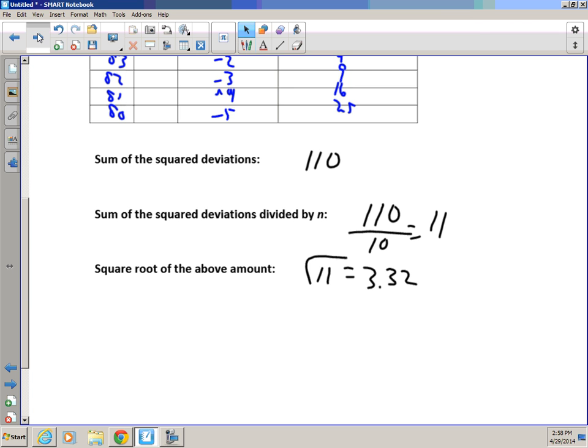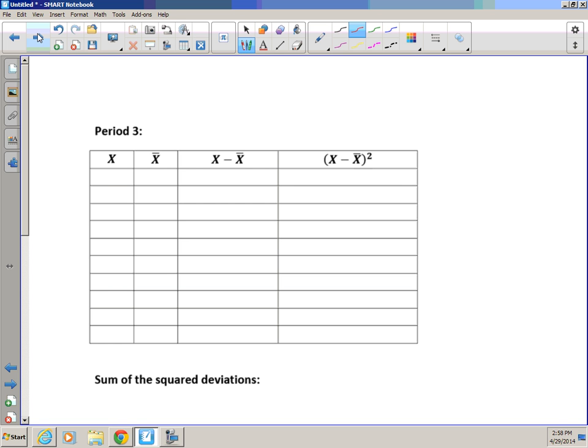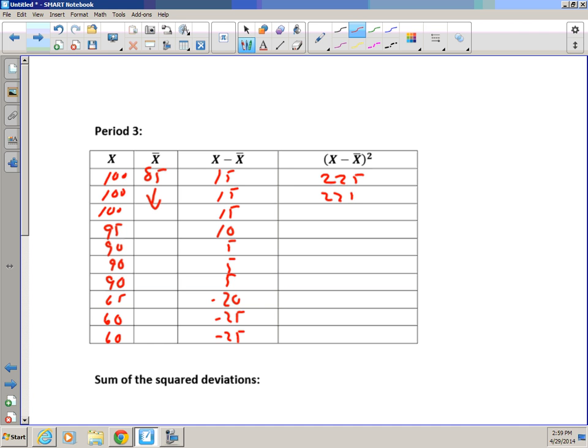Now I'm going to do the same thing for the next period. So I list out all their scores. I do my computations. Sorry, there's no way to avoid the tediousness of this.